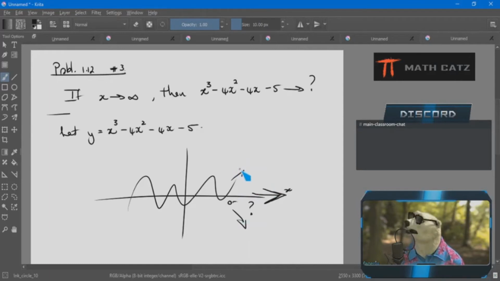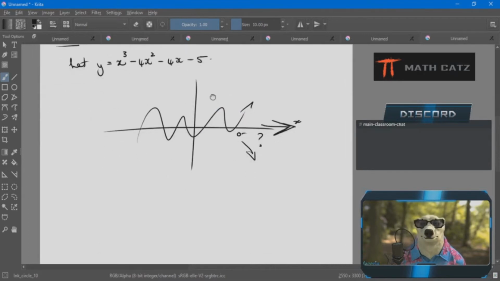So now, in order for me to understand what determines the behavior of polynomials, I want to do my first question in the following way. I'm going to write my function as the following. I'm going to take x cubed out as if it's a factor.